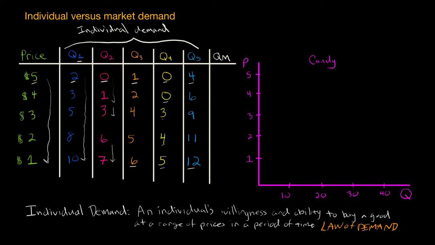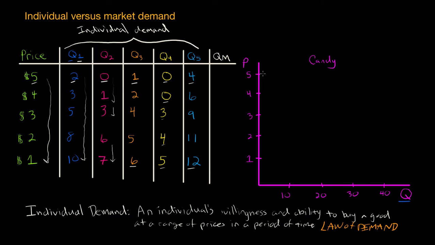What we can try to do now is actually plot the individual demands of some of these consumers. Let's look at consumer number 1 in blue. If I plot some of the quantities that consumer 1 demands at these prices, I'll get the individual demand curve for consumer 1. Now notice that our values on the horizontal axis over here, the quantity axis, are quite a bit larger than each individual in this demand table is easily able to be graphed using.